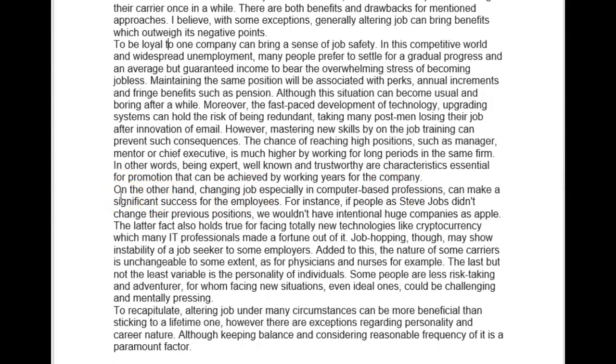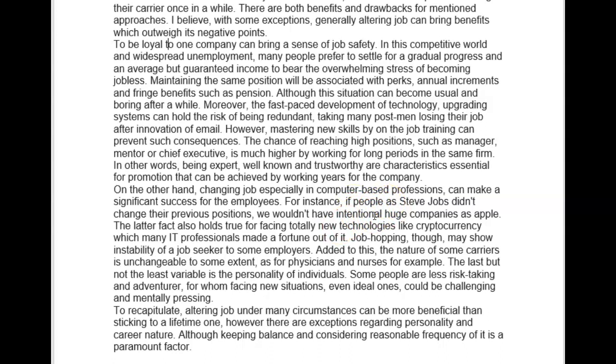On the other hand, changing jobs, especially in computer-based professions, can make a significant success for employees. For instance, if people such here did not, because we never write contractions in IELTS essays, okay? Did not change their previous positions, we would not have, you don't mean intentional, I think you mean international.